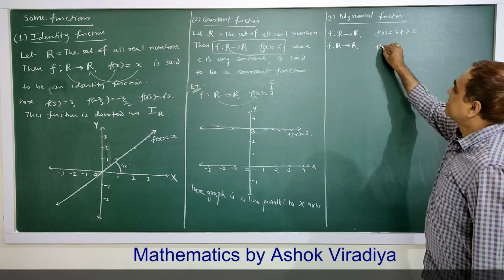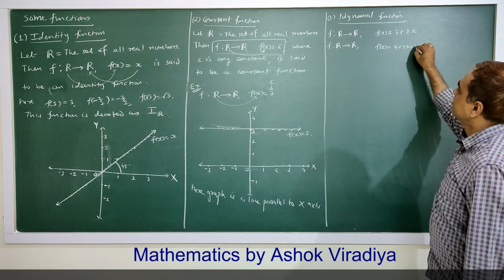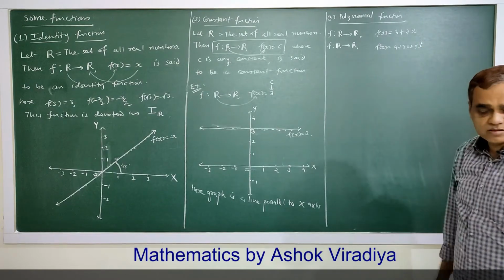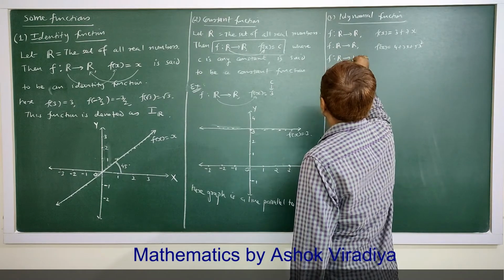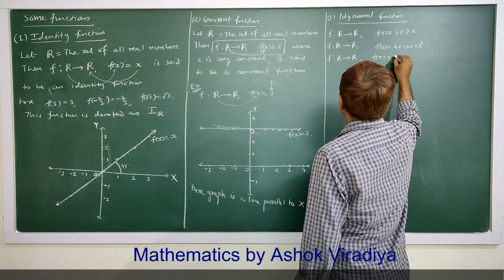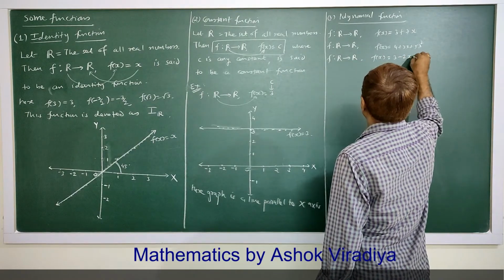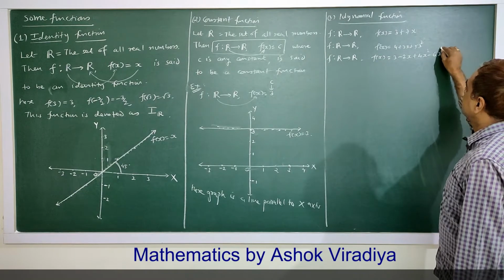Here I am taking f(x) = 4 + 3x + 5x². Suppose f(x) = 3 - 2x + 4x² - 6x³.